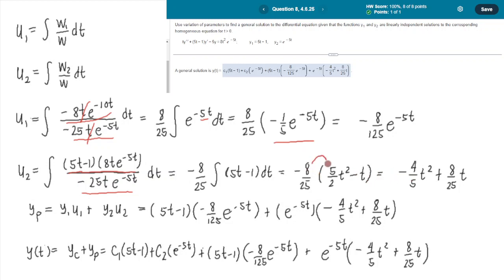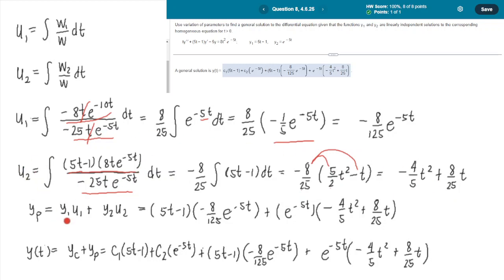Now, distributing, we have 8 over 2, negative 8 over 2 is negative 4, and 5 over 25 is just 5. That's why we have negative 4 over 5 t squared here. And then for the second term, distribute this to here. Negative 8 times negative t is just positive 8t, and 25 here as our denominator. Now this is our u sub 2.